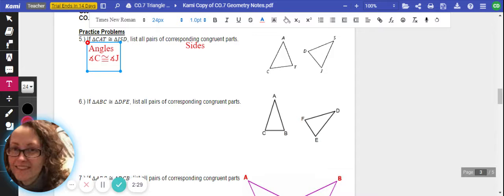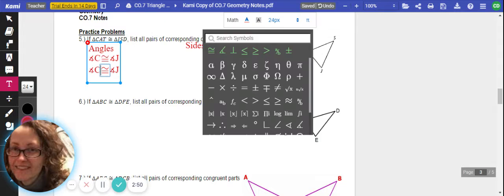The first letter here in this one is congruent to the first letter here in the second triangle notation. And I'm going to keep doing that same thing, continuing that same pattern over and over again until I'm done.